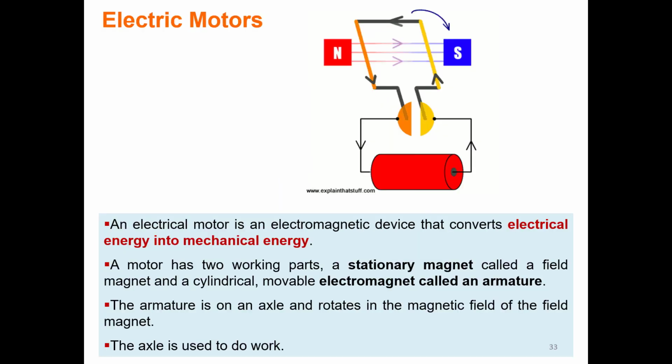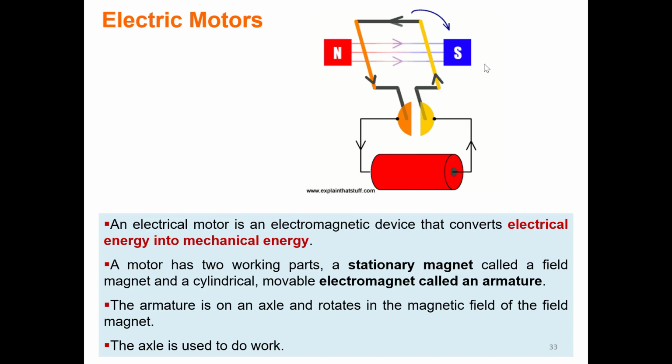Another application for the electromagnetic effect is the electric motor. The electric motor is an electromagnetic device that converts electrical energy into mechanical energy. The electric motor has two basic parts.